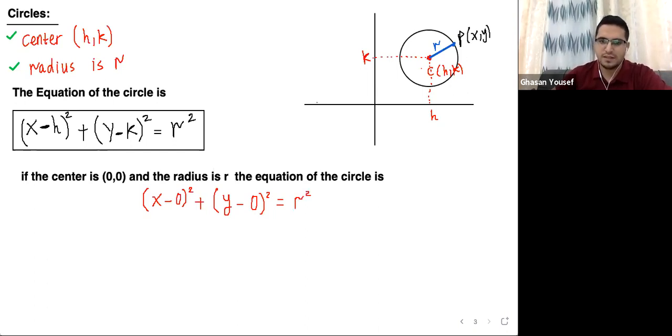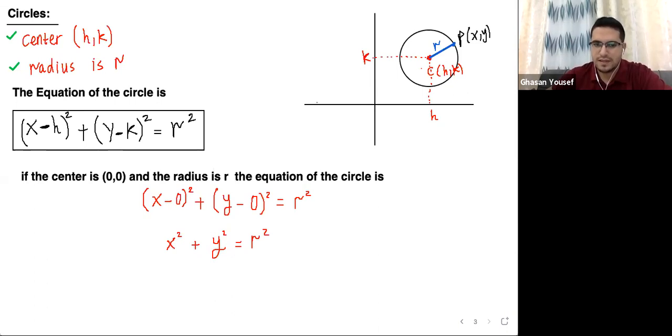Now, what is x minus 0 squared? X squared, exactly. Matthew said x squared. And the same thing here, y minus 0 squared is y squared, equals the radius squared.